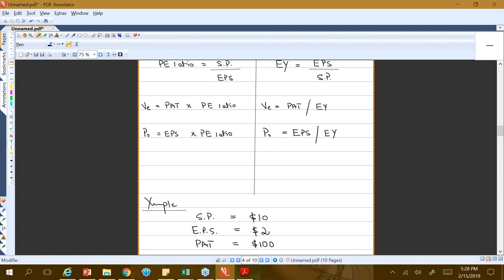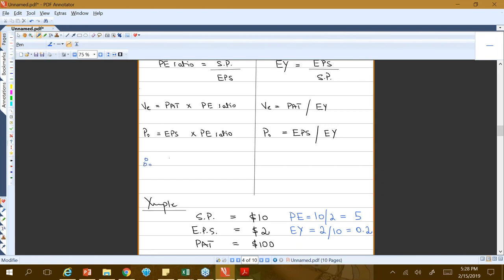Now, the first thing I need to do is compute the PE ratio or the earnings yield ratio. The PE ratio is share price over EPS, giving us a PE ratio of 5. And the earnings yield ratio is EPS over the share price, giving us 0.2.